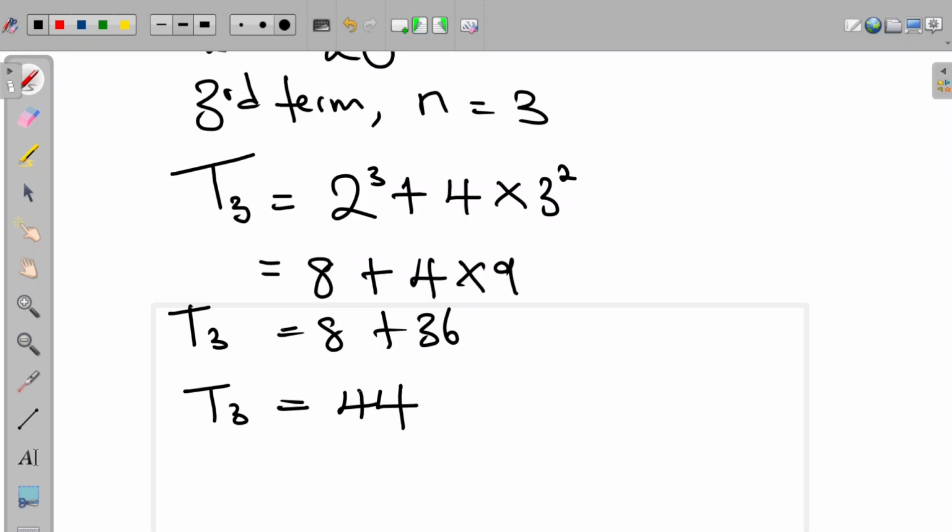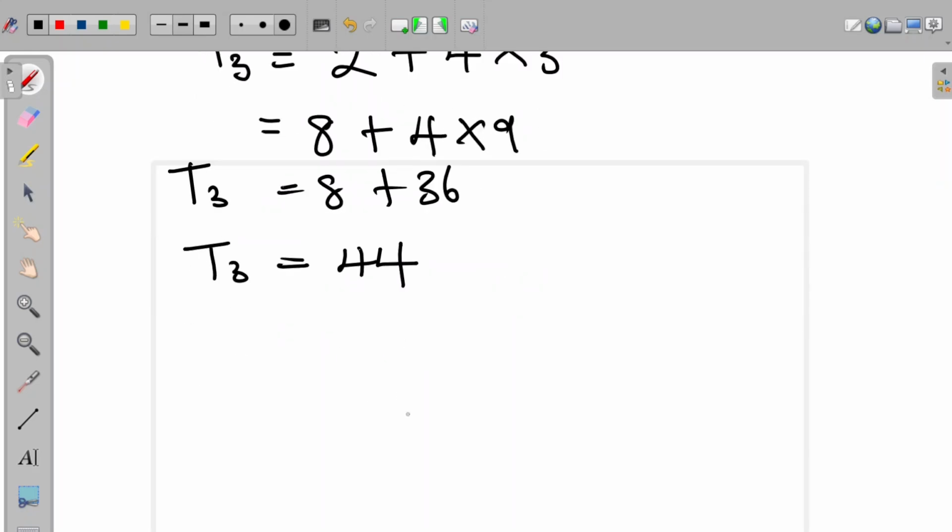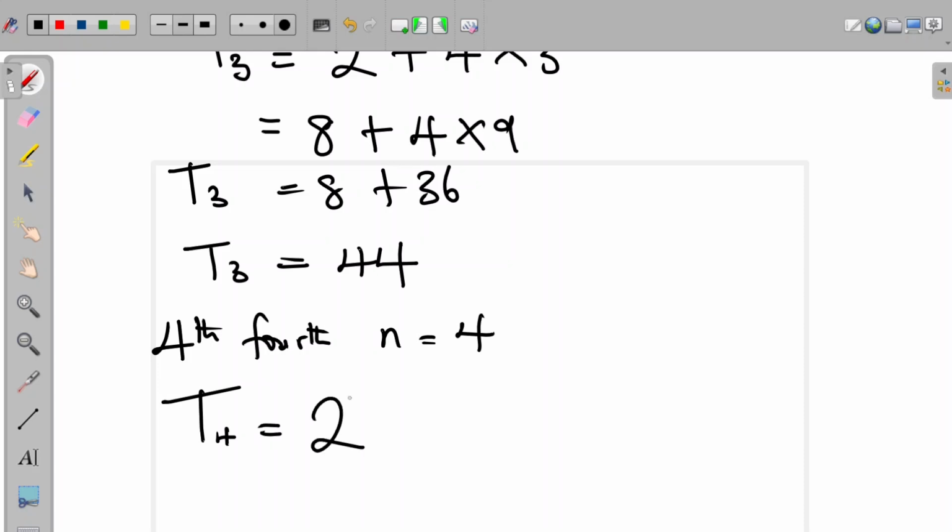And lastly, for the sequence, the fourth term is such that n is equal to 4. So from our formula, we have that the fourth term is equal to 2 to the power of 4 plus 4 times 4 squared.